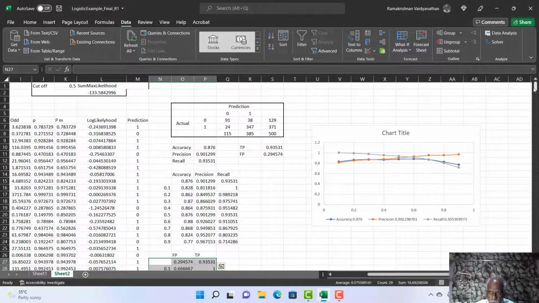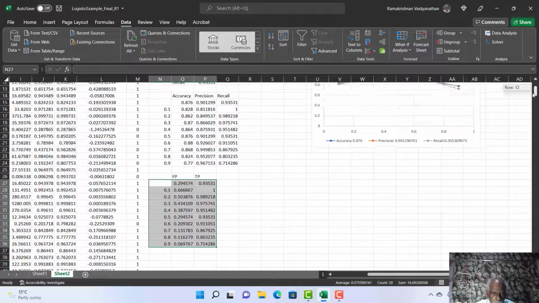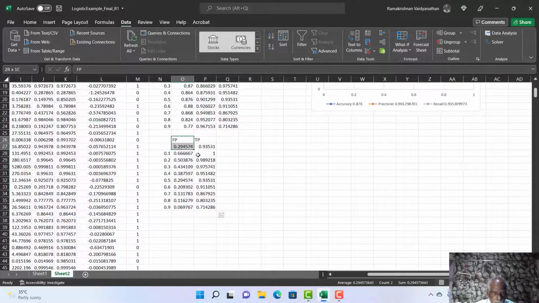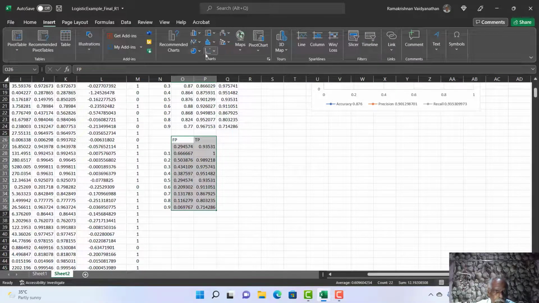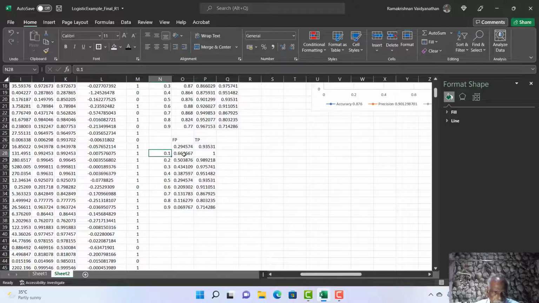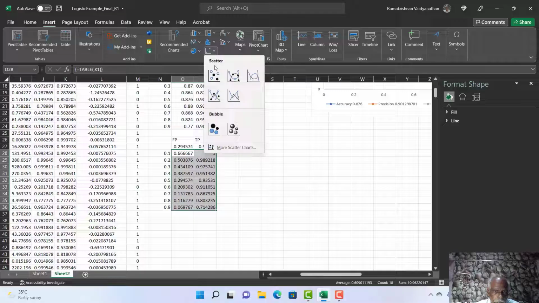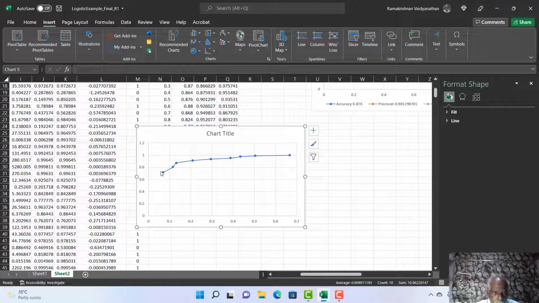So it has filled up. Now I will plot this FP versus TP. Insert. I will select this only. Insert. Recommended chart. This is the one.